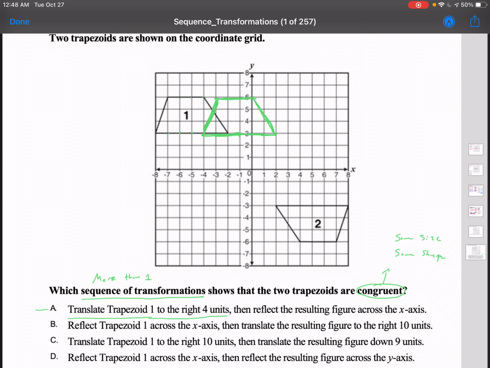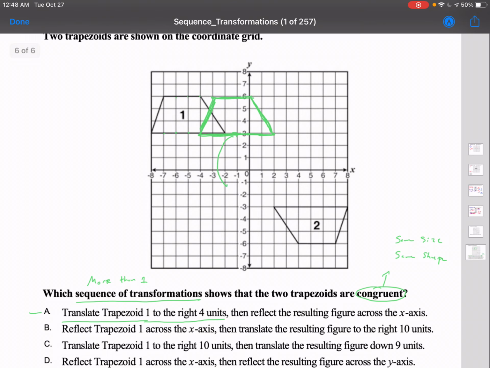Okay, so that's our first part. We did the translation, trapezoid 1 to the right 4 units, and then it reflects the resulting figure across the x-axis. So that means we're flipping this image over the x-axis.